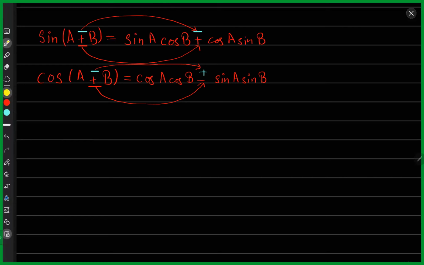And the last one is for tan. Tan A plus B is equal to tan A plus tan B divided by 1 minus tan A tan B. Similarly, if we have tan A minus B, you would be having a minus here, and here we would be having a plus, okay?